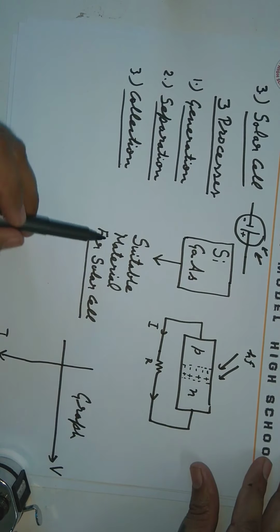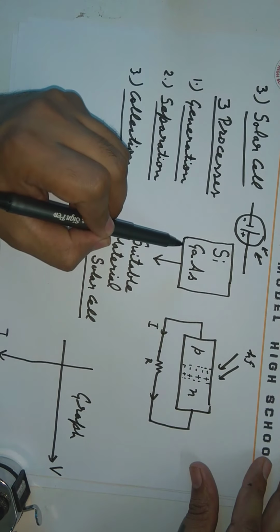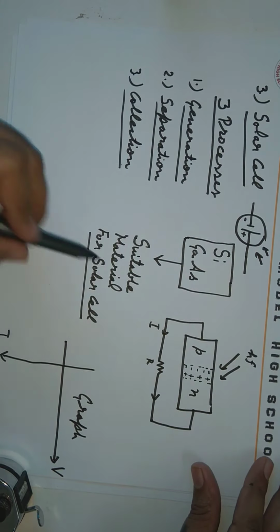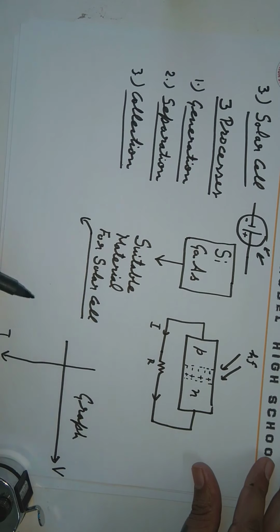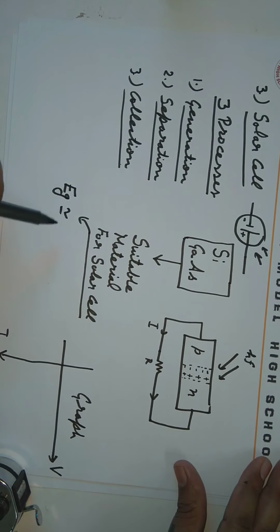Suitable materials for making solar cells are silicon and gallium arsenide. They are suitable because their energy band gap is approximately 1.5 electron volt.